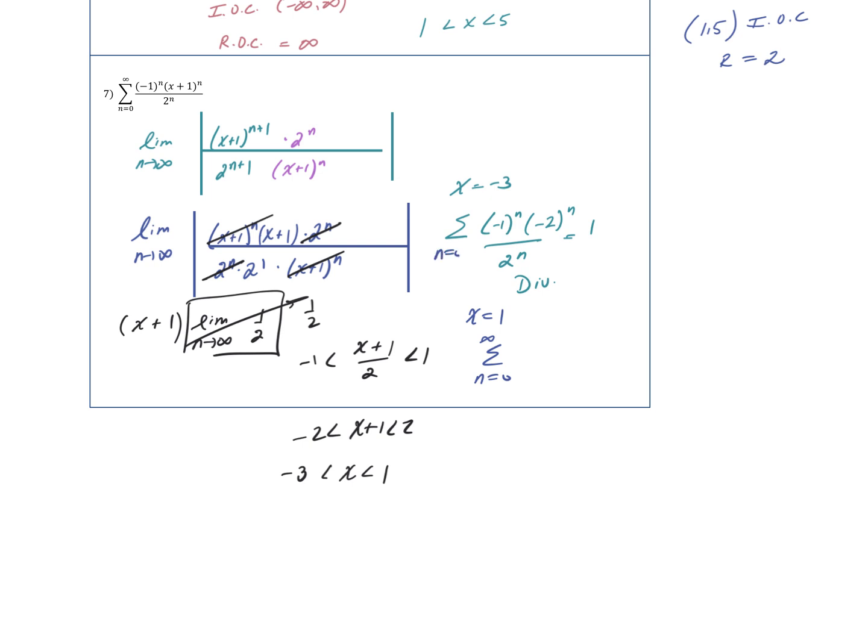I forgot that up here. You get negative 1 to the nth, 2 to the nth, 2 to the nth, and again, this just diverges. So my interval would be negative 3 to 1. My radius here is 2. So radius of convergence is 2, and then interval of convergence is right there.